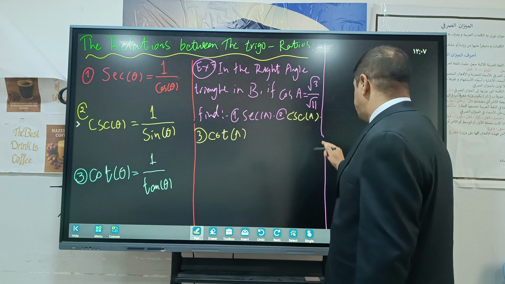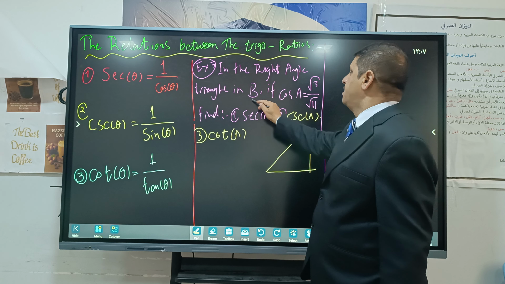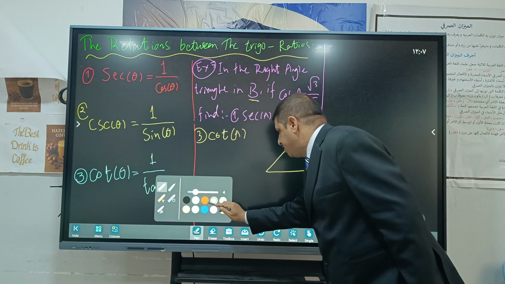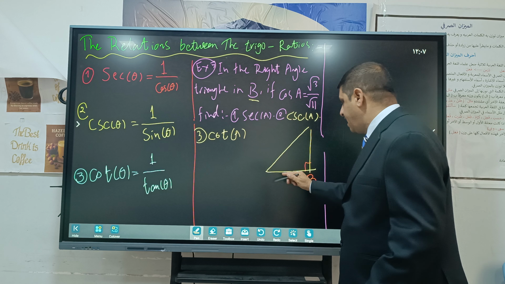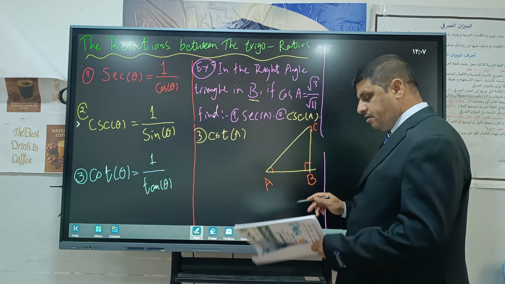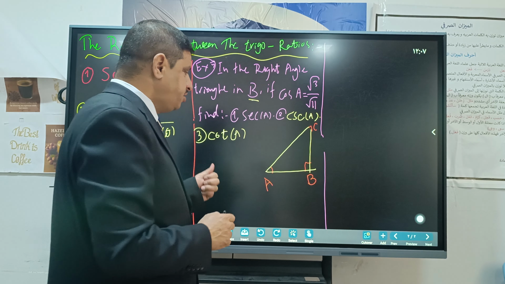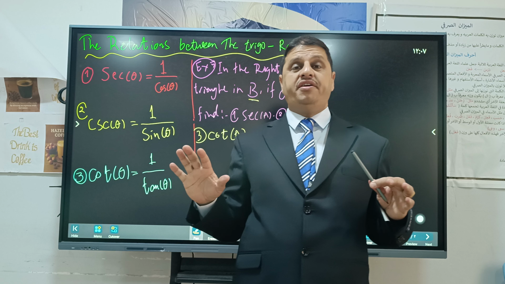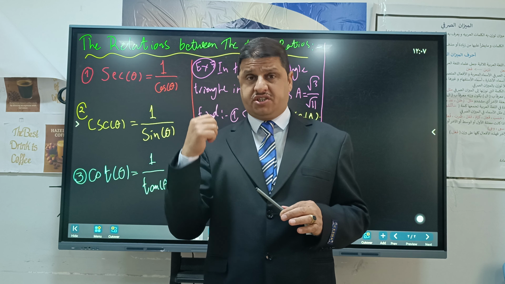Let's draw the shape. Here is the shape. He said right angle in B. I mean, here is the right angle B, and here is A, and here is C. Now, dear students, according to this question, it is very important. In the ministerial examination, they will give you the same as this question.